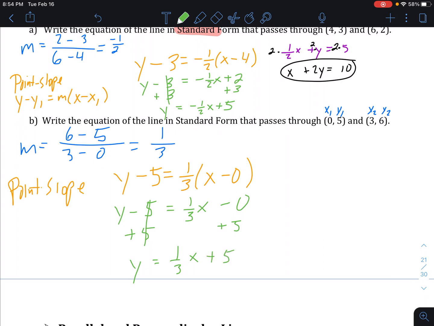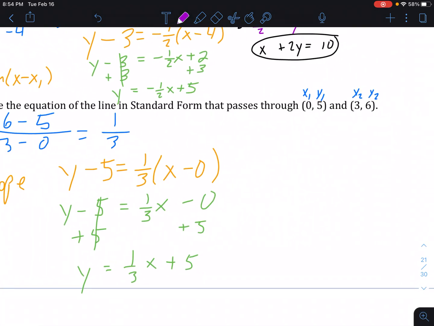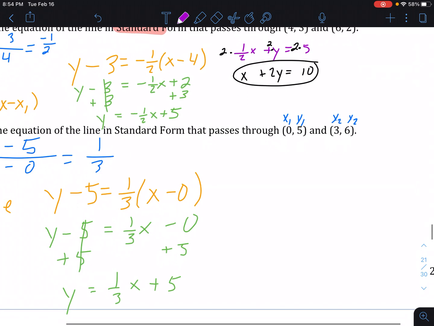Okay, so we're at slope-intercept form now. Let's keep going to get it into standard form. I know it seems tedious, but once you guys get the practice in, this is really not bad at all. All right, what do I got to do next? Well, that x term cannot be on the right side of the equal sign. So I'm going to move the 1/3 x to the left side as a negative 1/3 x.